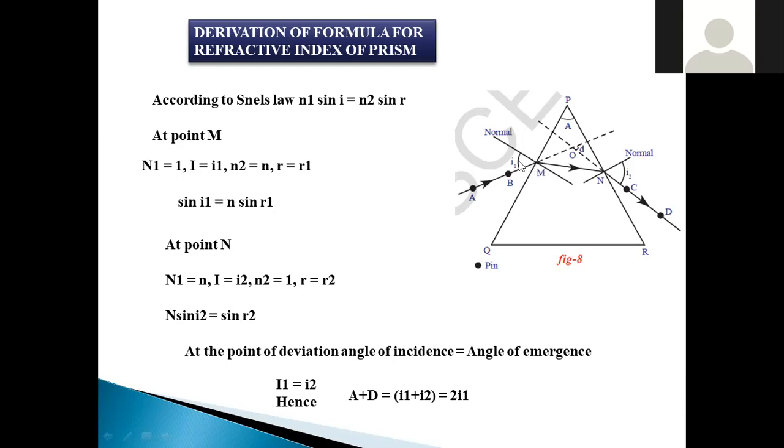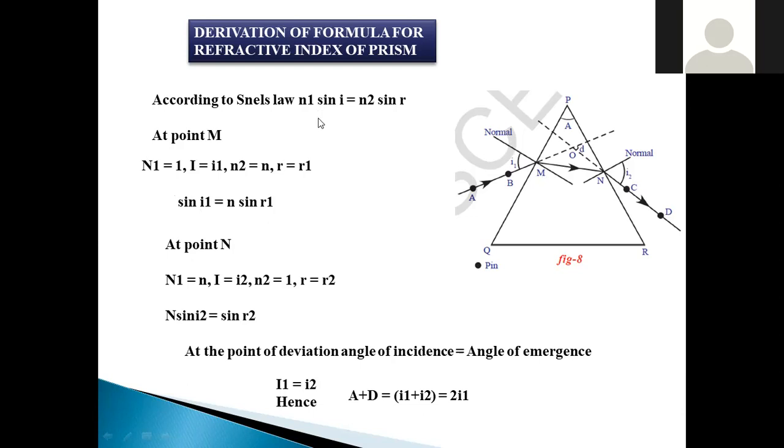At this point M, angle I is I1, N2 becomes N, and R is that angle R1. So the angle of refraction is taken as R1 at this point M.